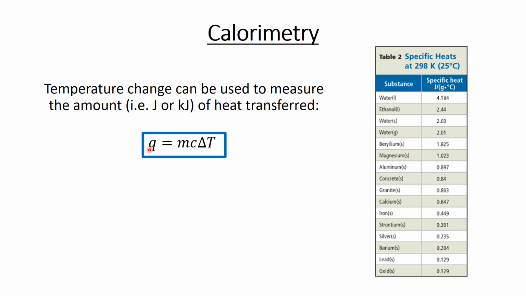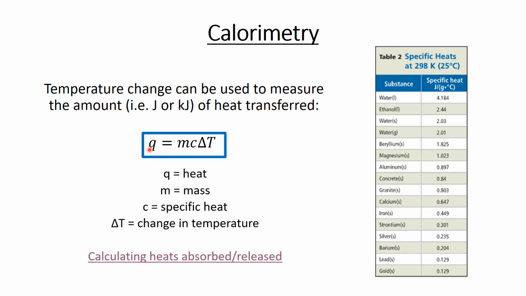And we measure heat in joules or kilojoules. So if you measure a change in temperature, you can figure out the amount of energy it takes to change the temperature by multiplying the mass times the specific heat.